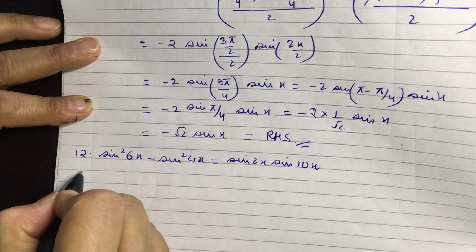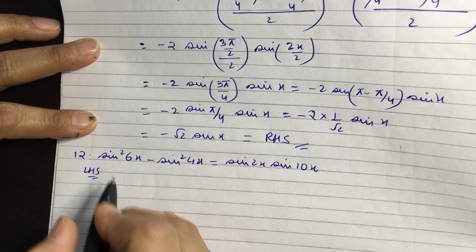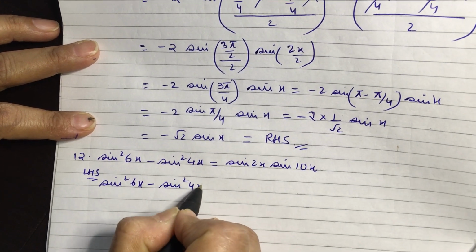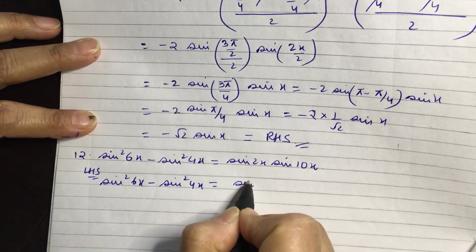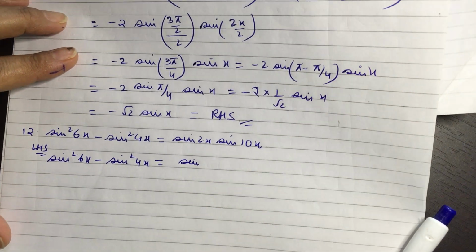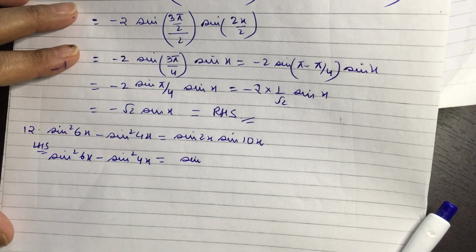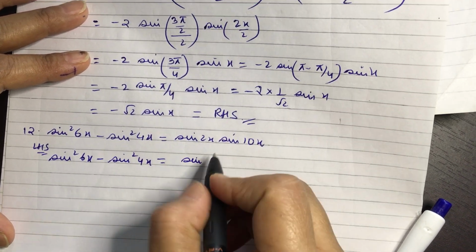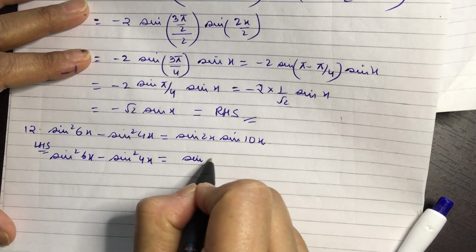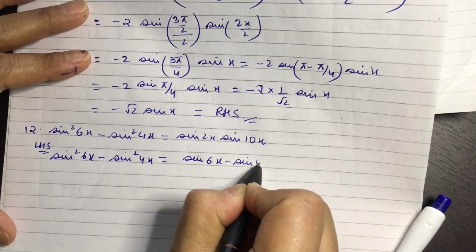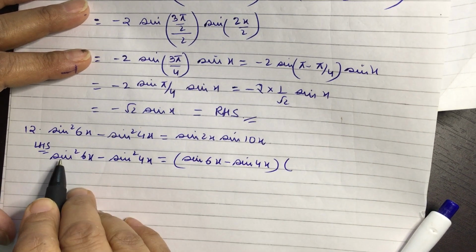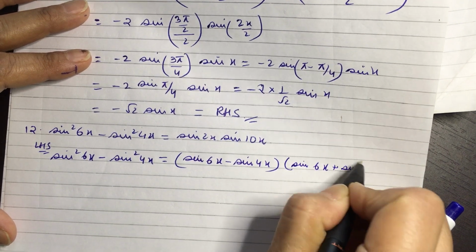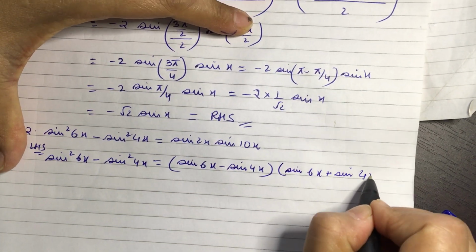Now, again we start with the left hand side. Left hand side is sine squared 6x minus sine squared 4x. I can write it as, this is a squared minus b squared. I can use the formula for a squared minus b squared as a minus b into a plus b. So, a minus b comes out to be sine 6x minus sine 4x whole into a plus b would be sine 6x plus sine 4x.